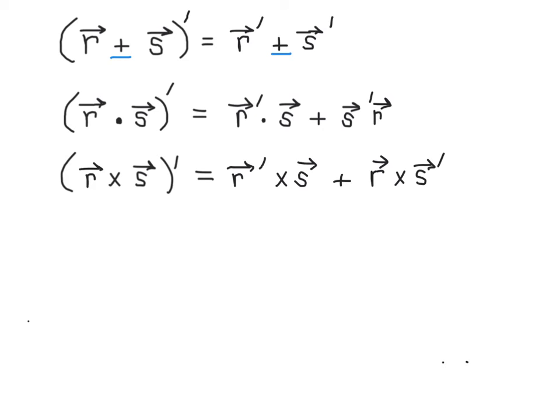And then if we have some function f times our vector r, and we want to find that derivative, that's going to be f prime times r plus f times vector r prime.